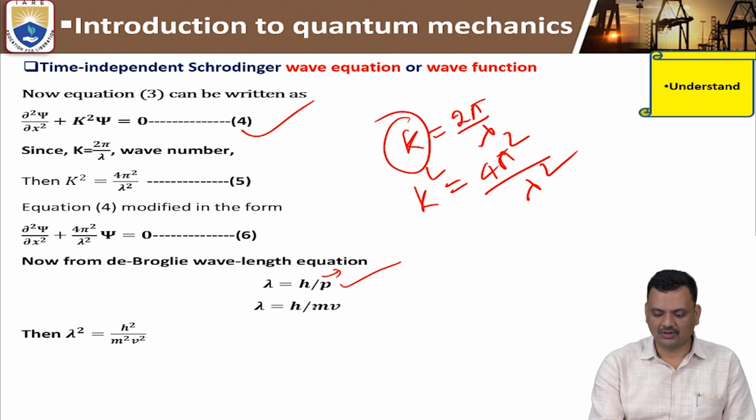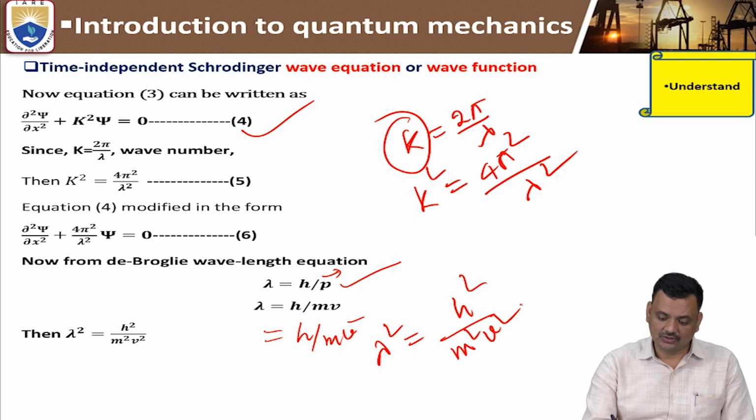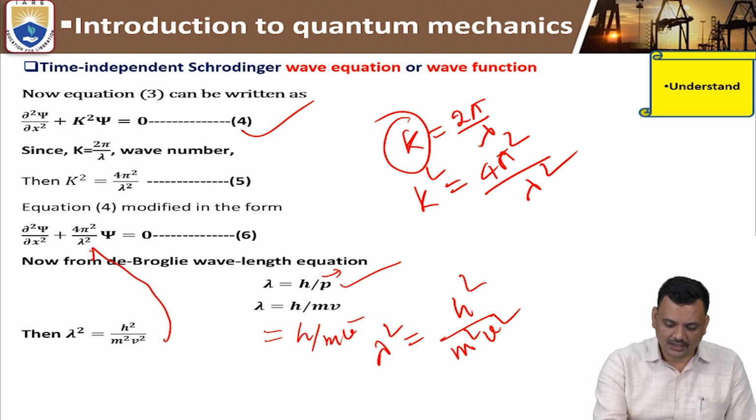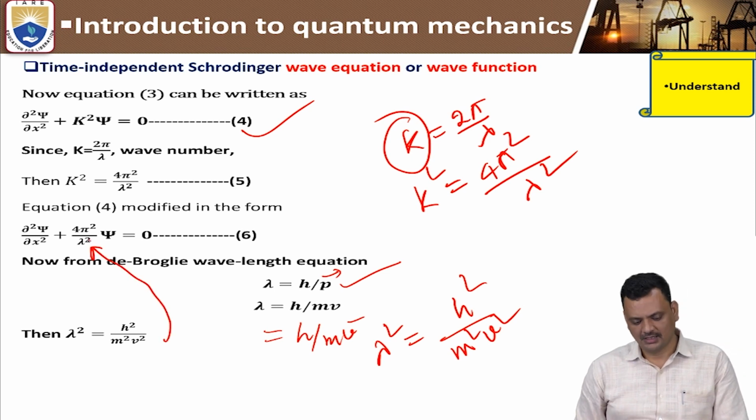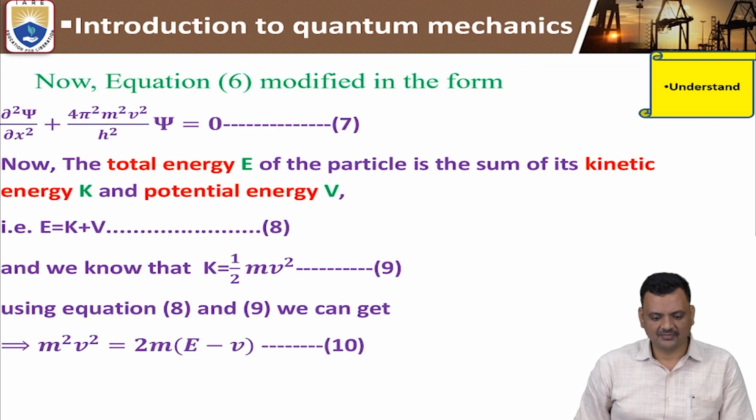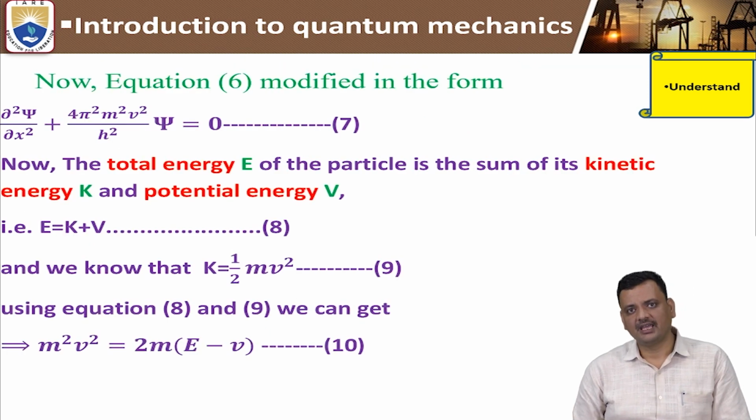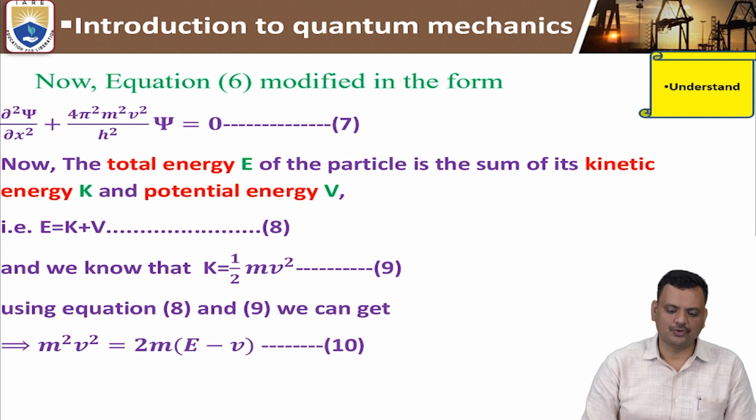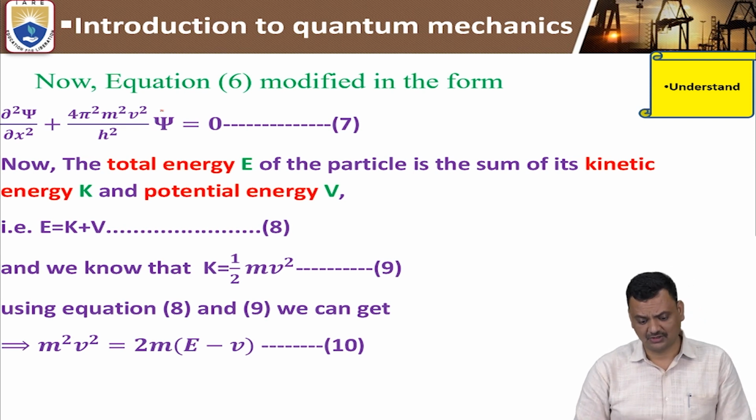Then lambda is equal to h upon mv, so lambda square is h square upon m square v square. Okay, so use this value here in place of lambda. What you will get? d square psi upon dx square plus 4 pi square m square v square upon h square psi is equal to 0.